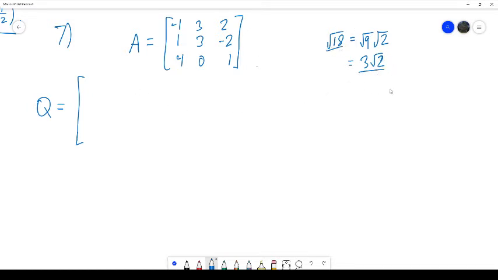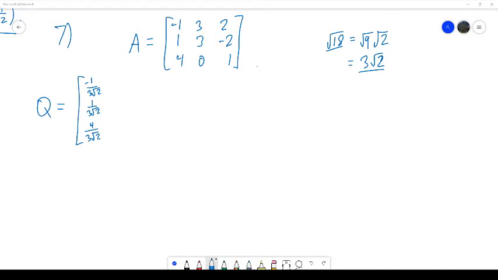I'm not going to be picky about the form of our radicals, but let's use this. So divide each of these by 3 root 2. So -1 over 3 root 2, 1 over 3 root 2, and 4 over 3 root 2, which we could also probably simplify a little bit, but I'll just leave it like that.